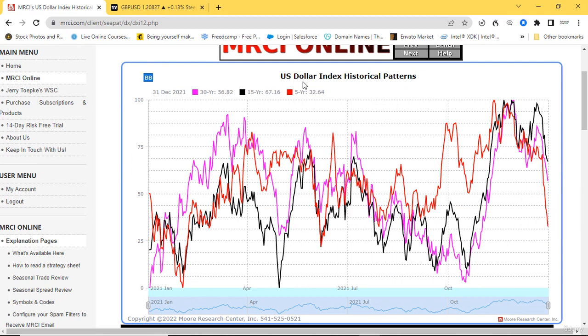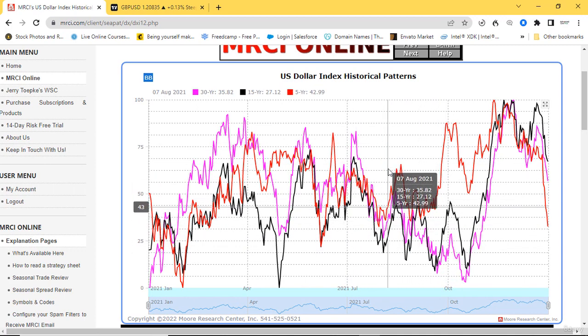So this is the US dollar here, and right now we're between July and October. Between July and October, you can see that over the last 30 years it's been a sell model for the dollar. It's been selling off around this time.